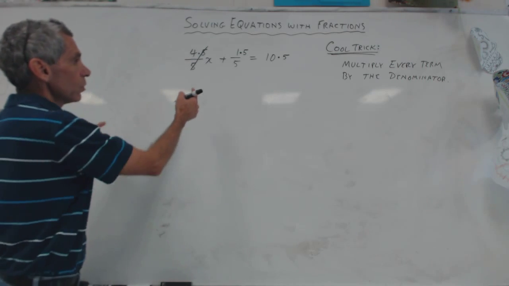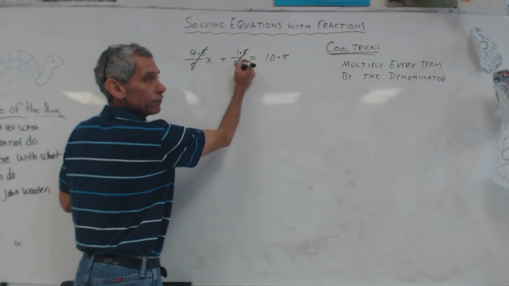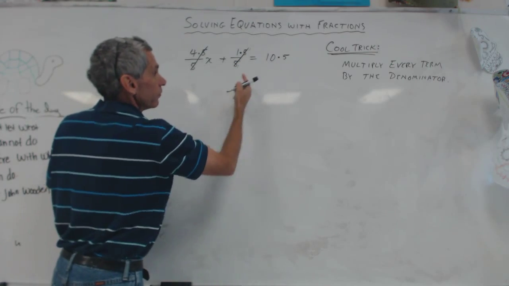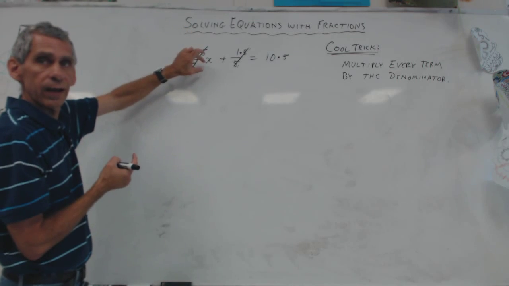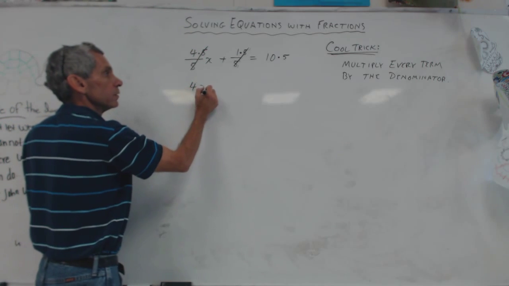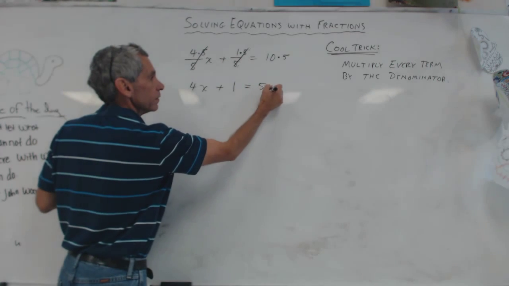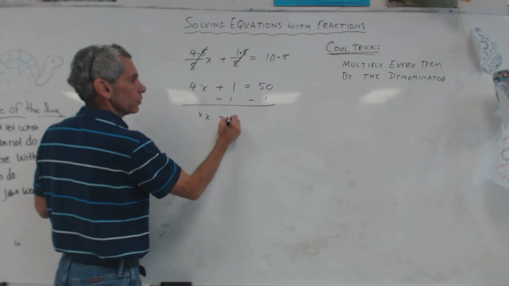Okay, so now look at this. These 5's cross out. That's interesting, right? 5 goes to 5 ones, 5 goes to 5 ones. And then that'll be 50, right? So look what I have. I have my numerator, 4x plus 1 is equal to 50, right? Subtract 1, subtract 1. I've got 4x is equal to 49.